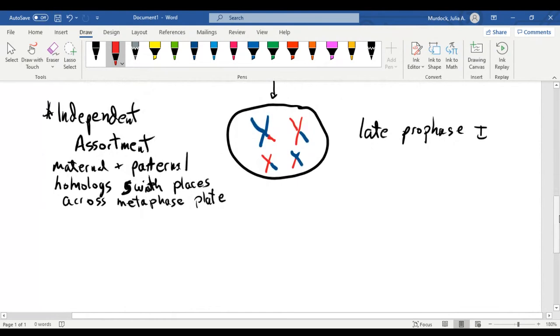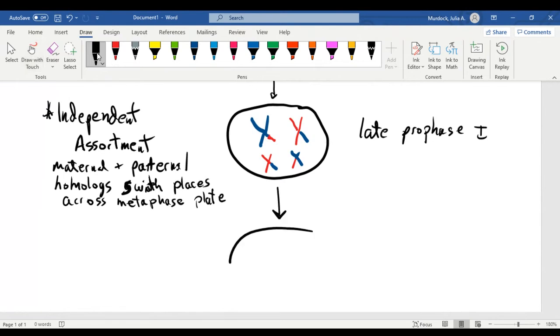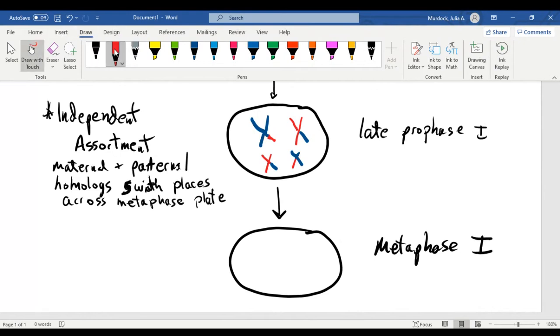Okay, so now we're going to go into metaphase 1. And after this, it gets a little bit faster. Those were 2 really important things to draw, and it's hard to draw them. So now you have these chromosomes, and we're in metaphase 1. And chromosomes are going to be lined up.